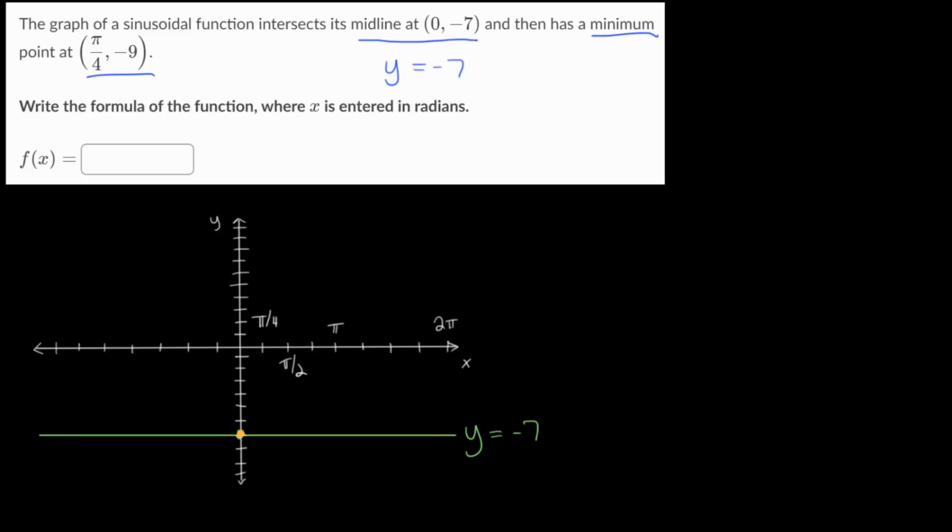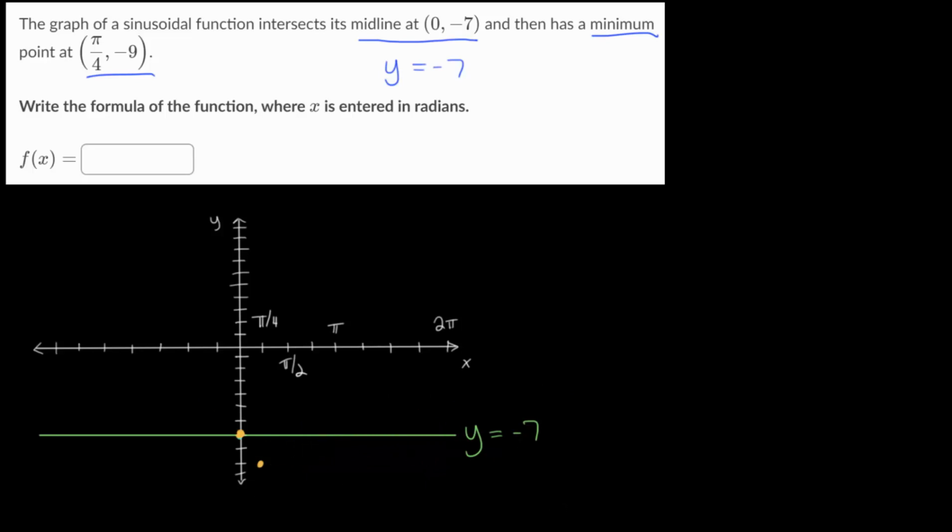From this, we could plot this point. We know the minimum has an x value of pi/4 and a y value of -9. So now we have a point that intersects the midline and a minimum point, meaning that we can roughly judge that our function should look something like that, though that's not a great drawing.